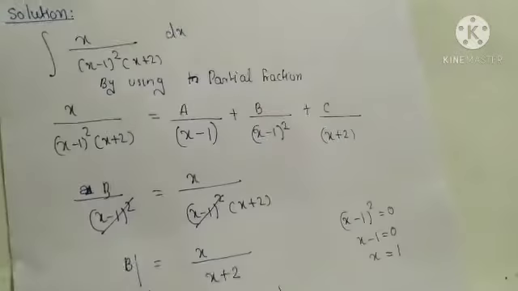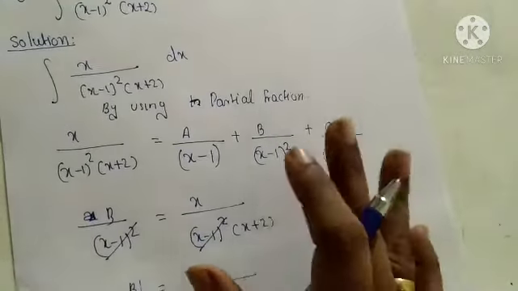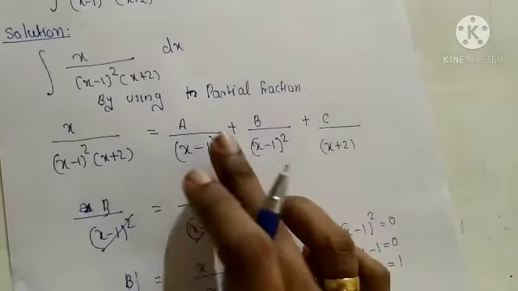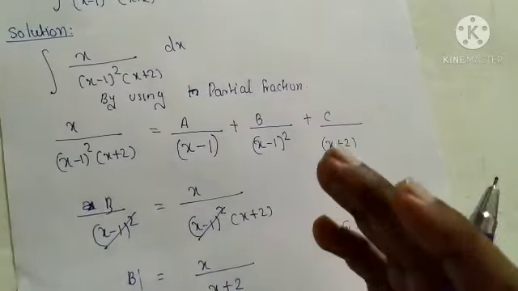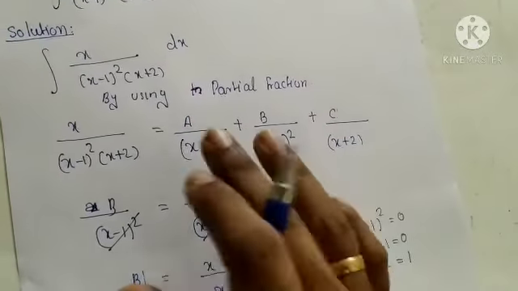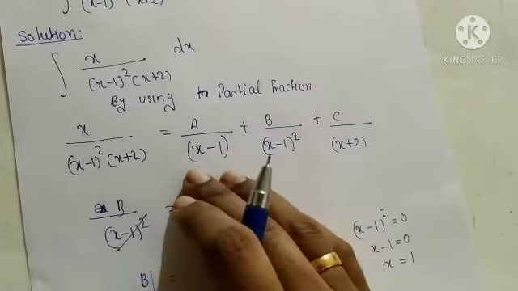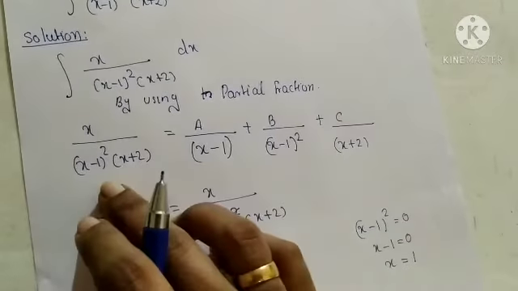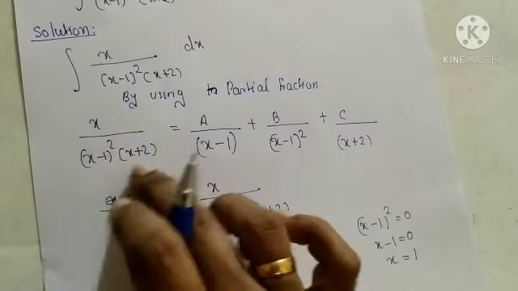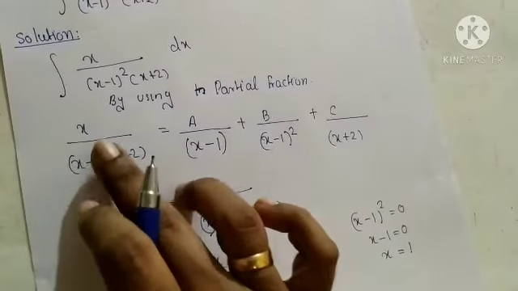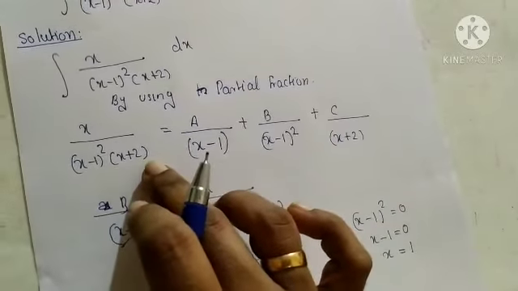Okay. Next, in this manner, we cannot get the value of a. So, in order to get the value of a, we need to multiply the whole term by the denominator, that is (x minus 1) whole square into (x plus 2). Okay.